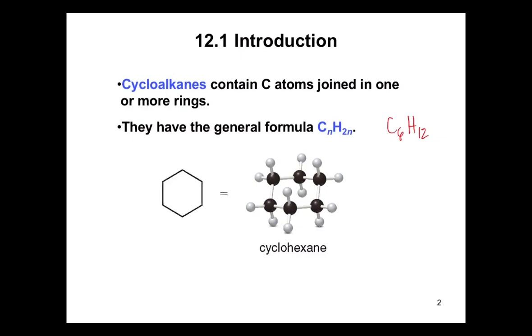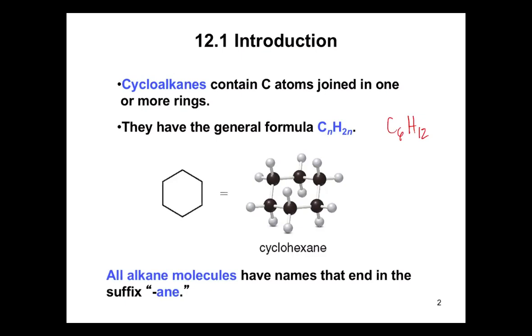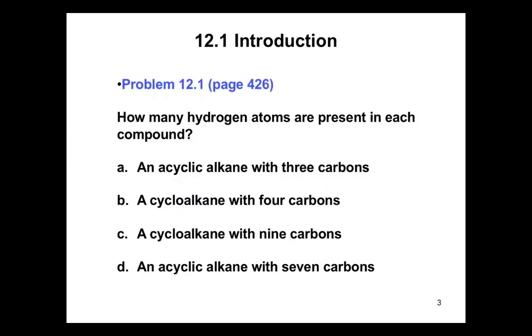Okay, so for practice, and don't forget that all alkane molecules have names that end in the suffix ane. So I have discussed it last week na nakadepende yung suffix ng compound dun sa functional group kung saan naka-classify yung compound. Okay, so for problem 12.1 on page 426, you have to determine the number of hydrogen atoms present in the compound.